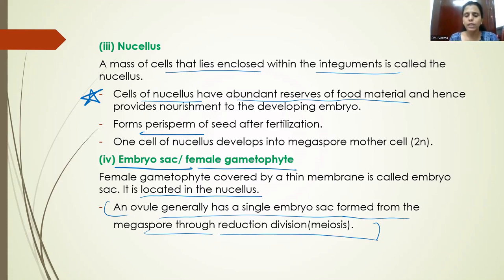The embryo sac, or female gametophyte, is enclosed inside the nucellus, and one ovule generally has only one embryo sac. In the next video we are going to learn about the process of megasporogenesis and the development of the female gametophyte.